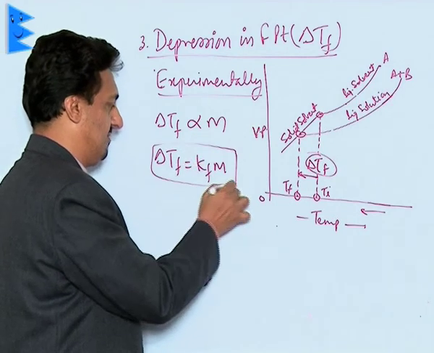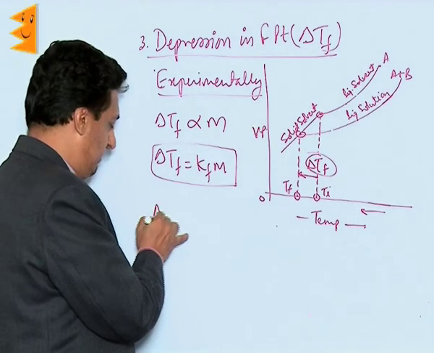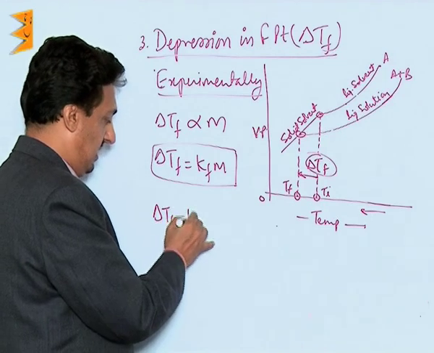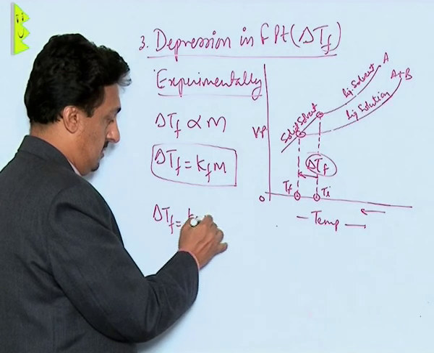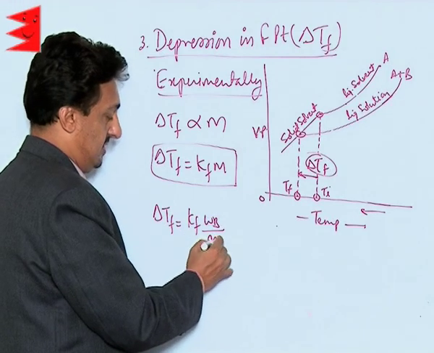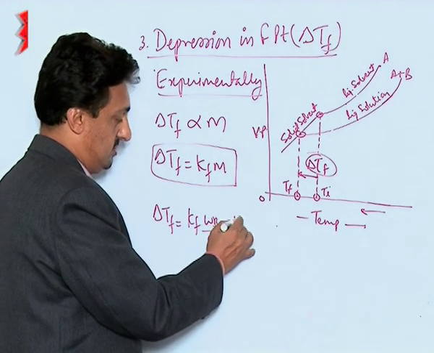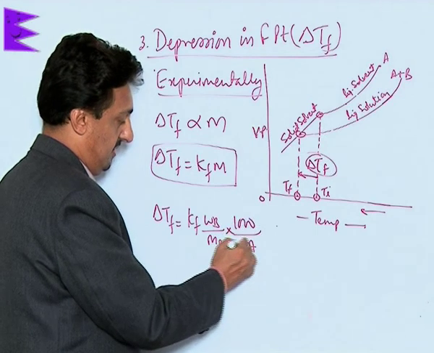The formula becomes delta Tf equals Kf into weight of the solute upon molar mass of the solute, into 1000 upon weight of the solvent.